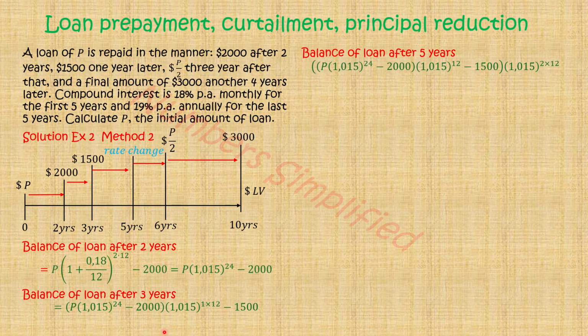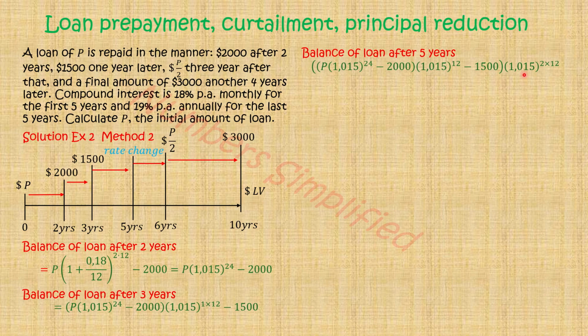So from year 3 to the end of year 5, that is equivalent to 2 years. Then we consider the balance of the loan in the 3rd year, which is that chunk inside the first set of parentheses, ending with minus 1,500.